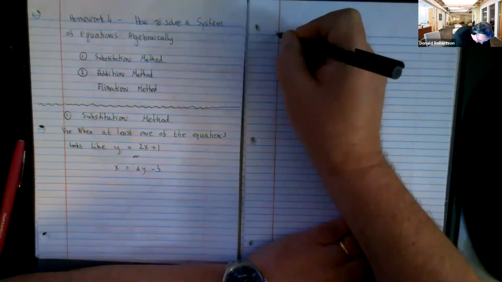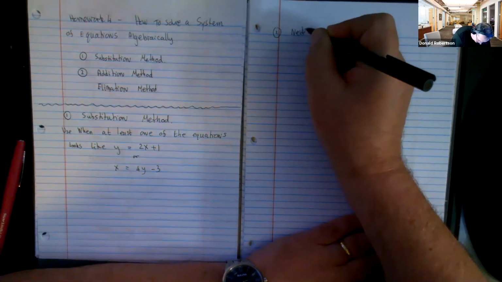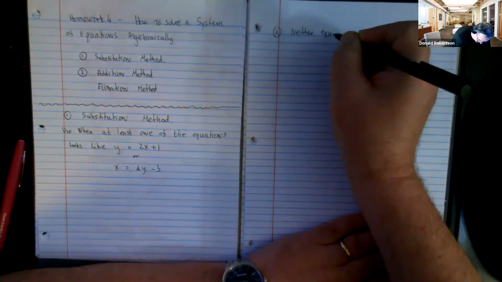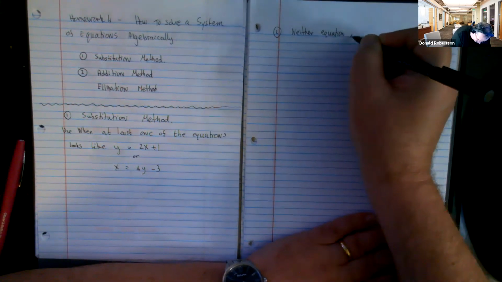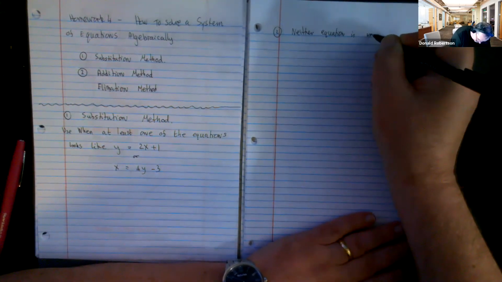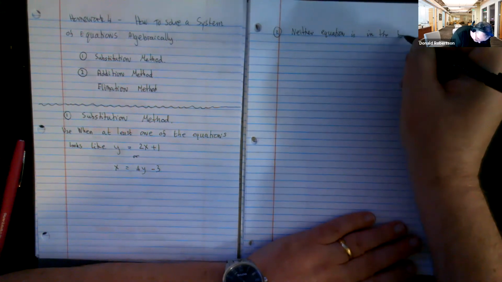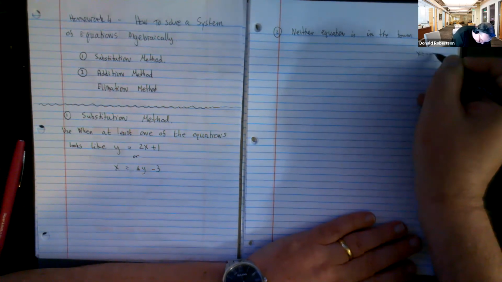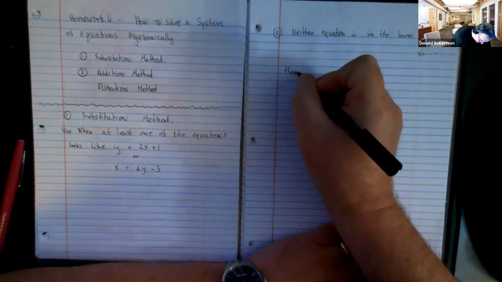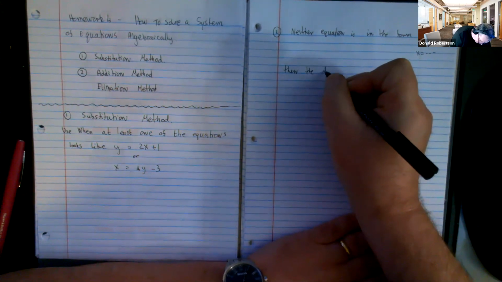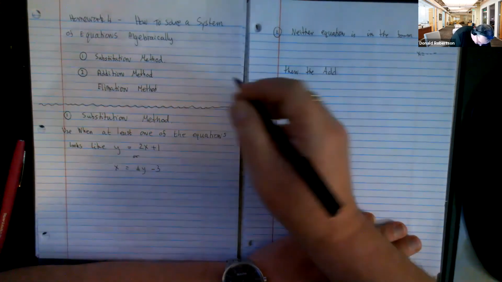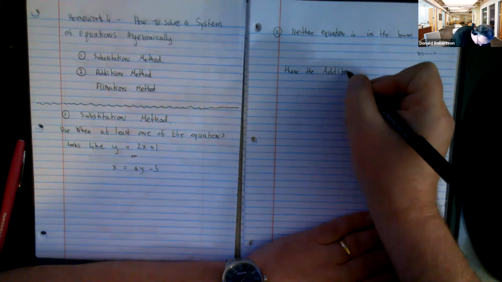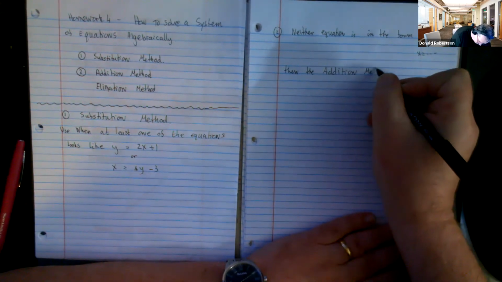If, however, neither equation is in the form y equals or x equals, then I'm going to call it the addition method. I don't want to keep jumping between two names, so I'll just stick to one name. Then the addition method should be used.